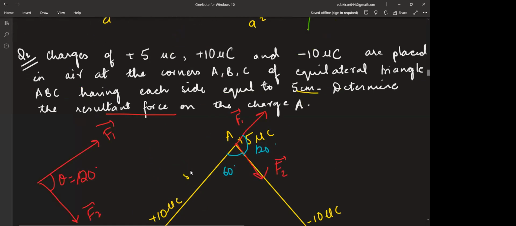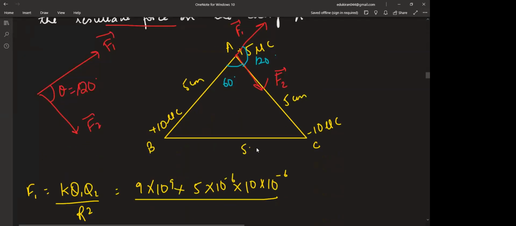Yes, ma'am. All these are separated by 5 centimeters. So this becomes 5 into 10 to the power minus 2.